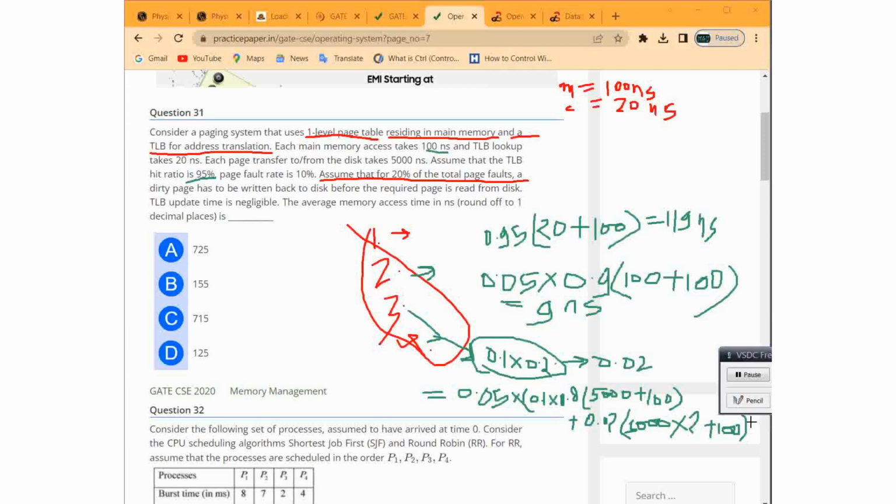And this contribution will be equal to 27.25 nanoseconds.